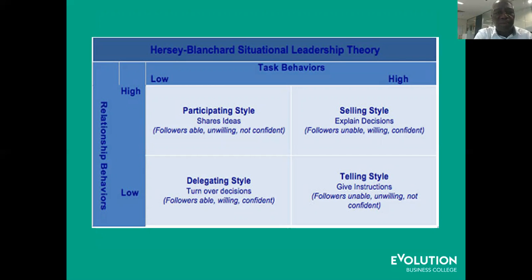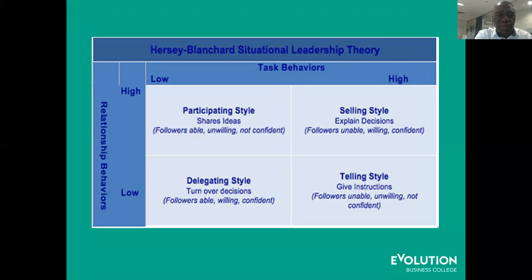If the sharing of ideas is very low, your followers are not confident, they're not willing to follow. So here the task behavior is low and the relationship behavior is high. And let's go where task behavior is high. That is the selling style, explaining decisions, where followers are unable but willing and confident.